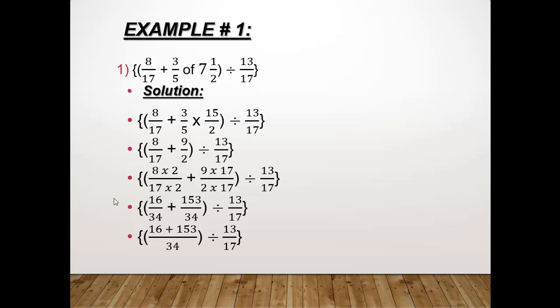Now if we add the numerators 16 and 153, we get the answer 169 divided by 34, and finally we will convert this division sign into the multiplication sign. The rule we have already discussed in the previous lecture is that when we convert the division sign into the multiplication sign, the fraction on the right side of that sign becomes the reciprocal.